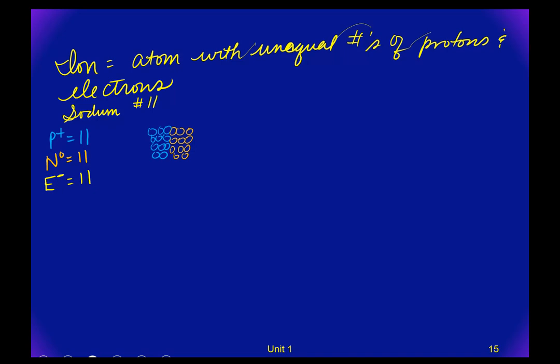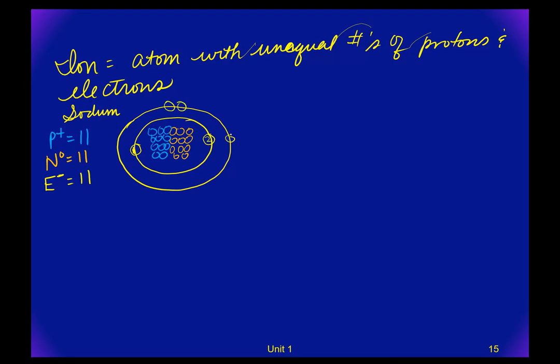So, first shell. How many does the first shell hold? What's the rule? 2. Second shell, octet rule, so that's going to be 8. 8 plus 2 equals 10. Am I at 11 yet?